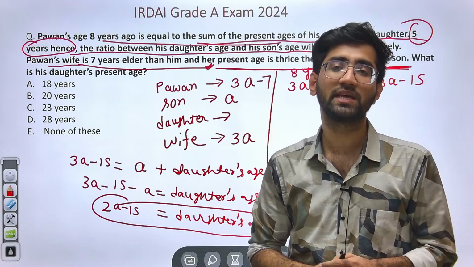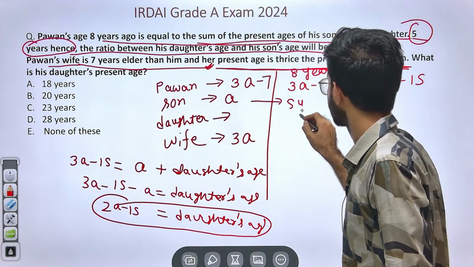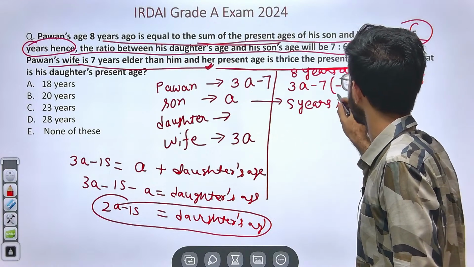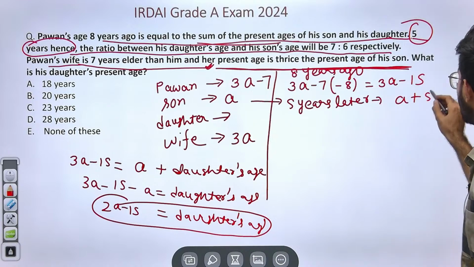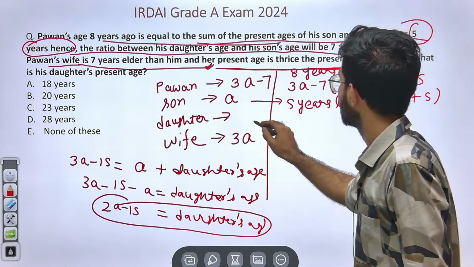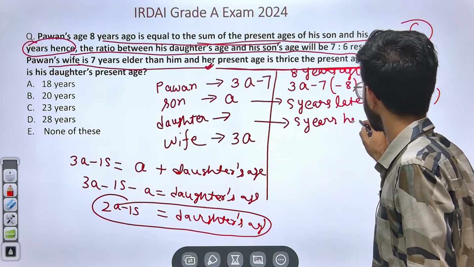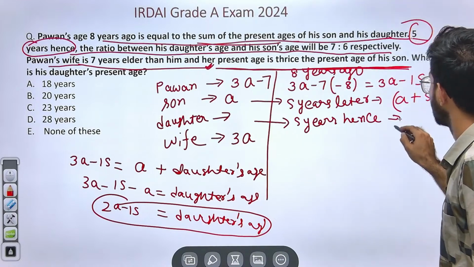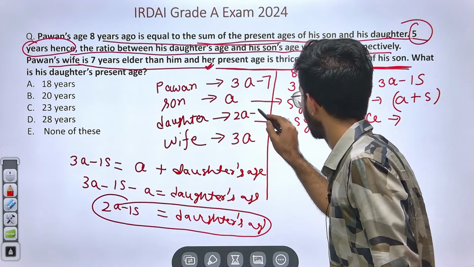What will be the age of Pawan's son 5 years later? This will be basically A plus 5. And what will be the age of Pawan's daughter 5 years hence, means 5 years later? See, what is his daughter's present age?